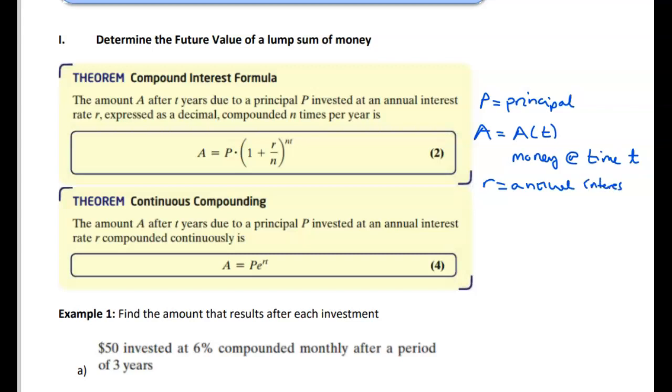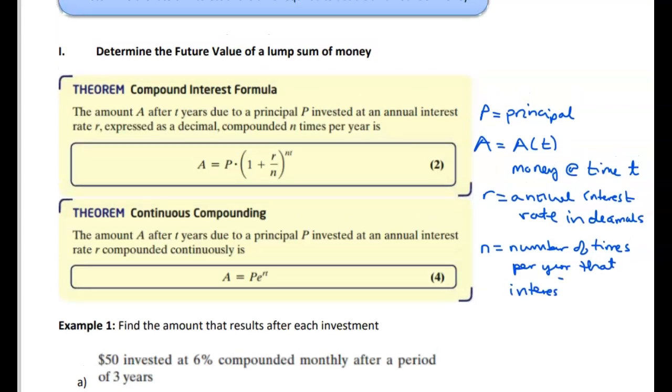R is the interest rate in decimal form. Usually it's given in percentage form and you want to change it to a decimal. N is the number of times per year that the interest is compounded.